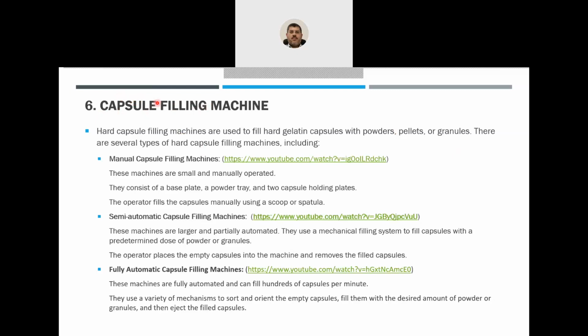So capsule filling is done by capsule filling machines. There are two types of capsules, as you know, soft gelatin and hard gelatin capsules. So if we talk about powders, then we're talking about hard gelatin capsules. Okay. So hard gelatin capsule filling machines are usually used to fill hard gelatin capsules with powders, pellets, or granules.